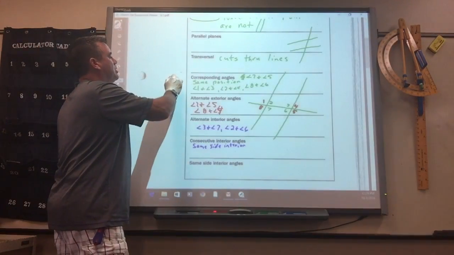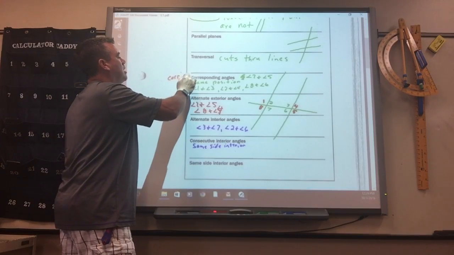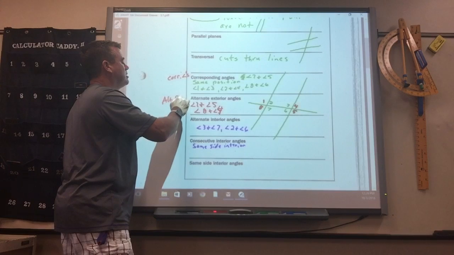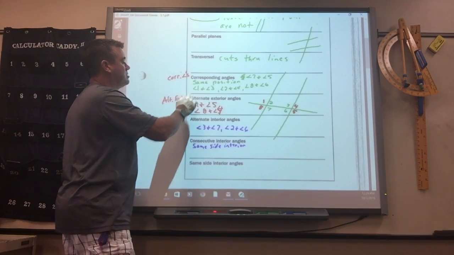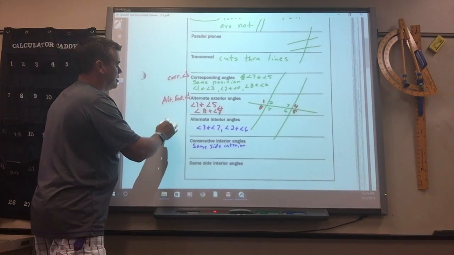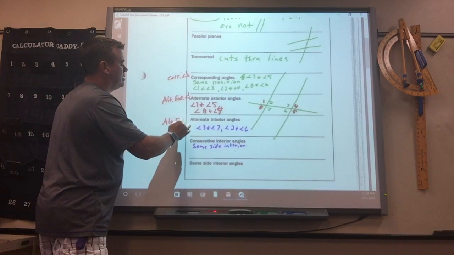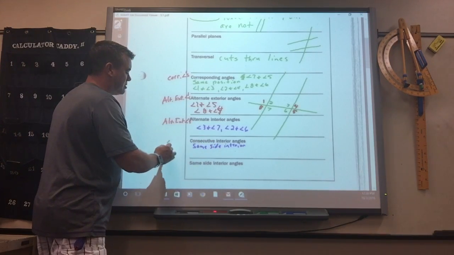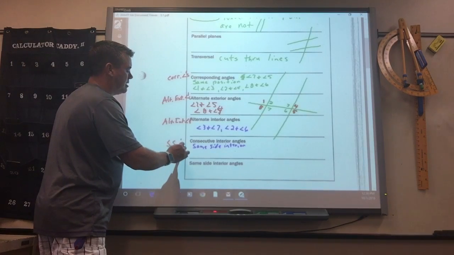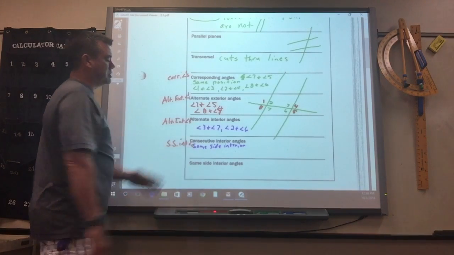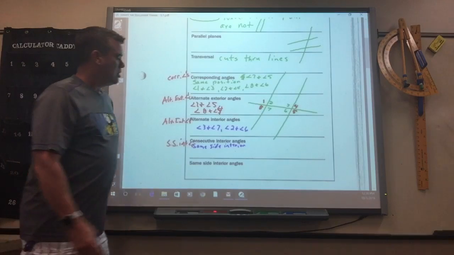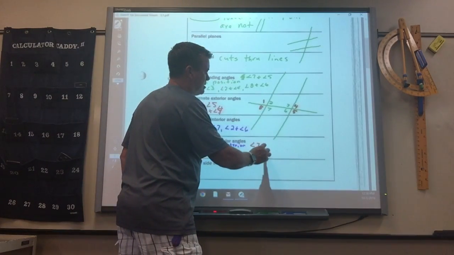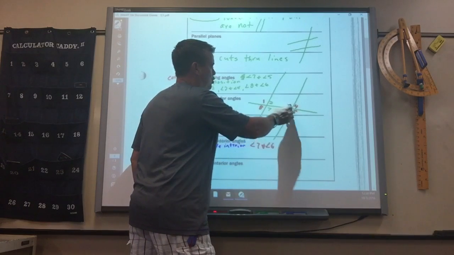Like corresponding, you can just say CORR angles, alt ext angles for alternate exterior, alt int angles for alternate interior, and then consecutive interior, or it's easier just to go same side interior angles, but they mean the same thing. So consecutive interior or same side would be 7 and 6, 2 and 3.